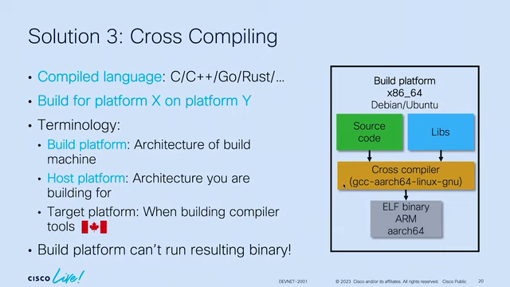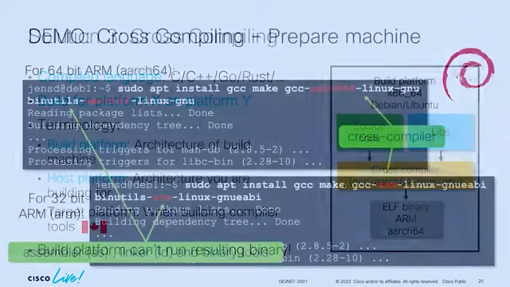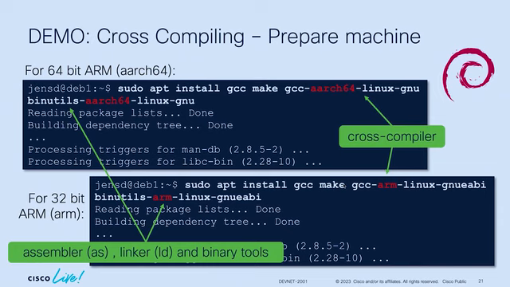So you have a certain source code, depending libraries, you push this through a cross-compiler, and as a result, you have a binary which should be able to run on another architecture. So demo again, I prepared my machine, I installed a cross-compiler for 64-bit ARM on that x86 machine, installed the rest of the tools, so assembler, linker, binary tools, all in one package, also for that destination architecture.